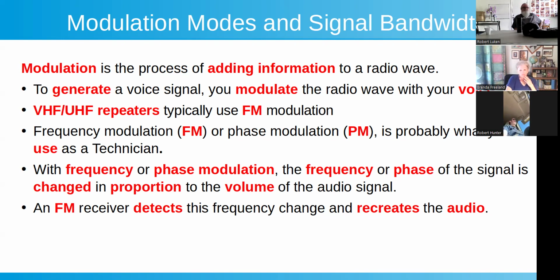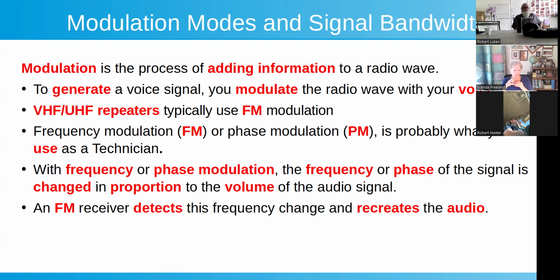Basically, we're going to talk about modulation, which is how you add information to a radio wave by changing its amplitude, its frequency, its phase, or all the above in some cases. When we talk about VHF, UHF, and above, we're typically going to use FM modulation.